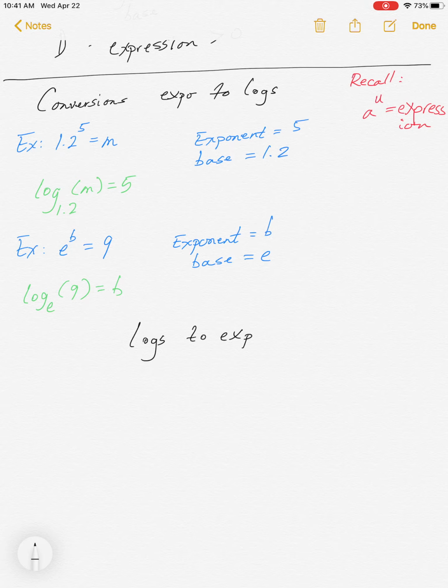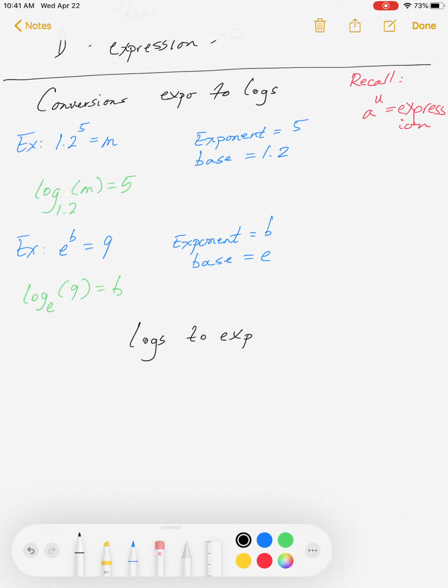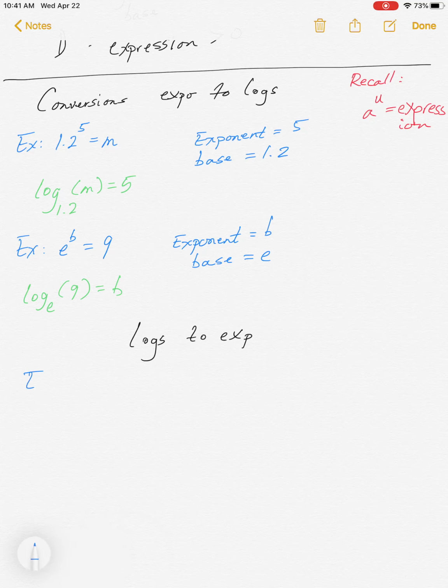The given log is log base a of 4 equal to 5.